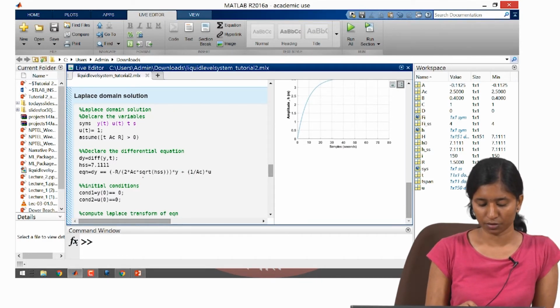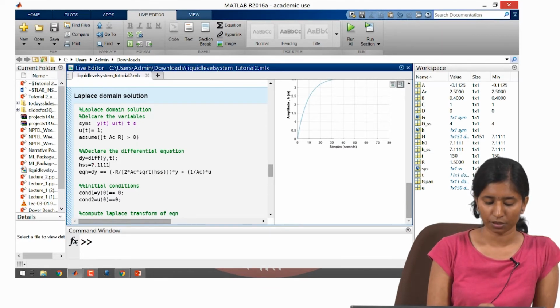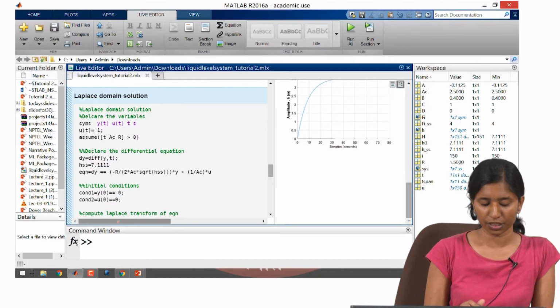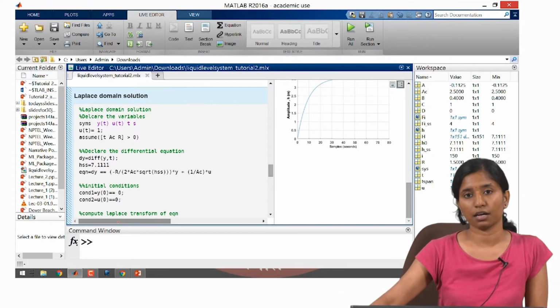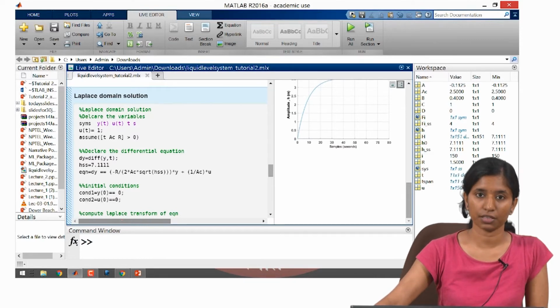AC is the area of cross section, R is the resistance, HSS is the steady state value, which I calculated to be 7.11. Then I have to define what my initial conditions are. Since this equation is written in terms of deviation variables, the initial condition is 0.